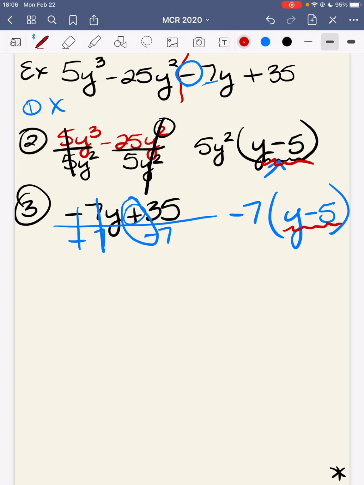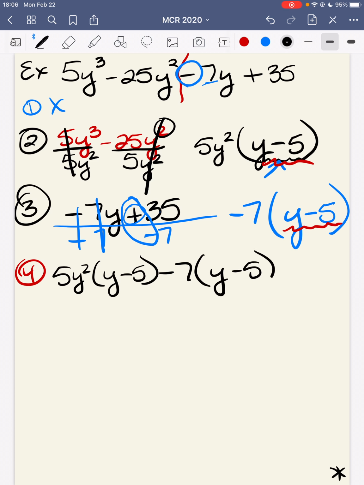Let's put it all back together for step 4. So step 4 means I need to go ahead and pull out my binomial GCF. All right. And if you're in doubt of your signs, you can distribute this here and double check. Okay?